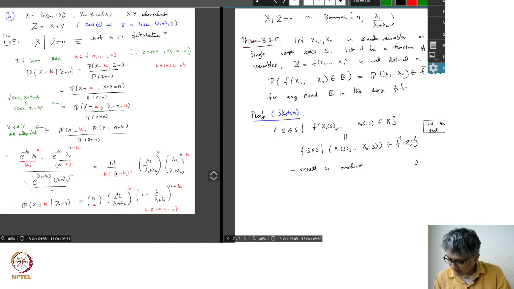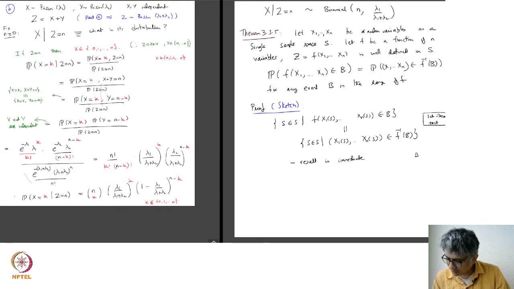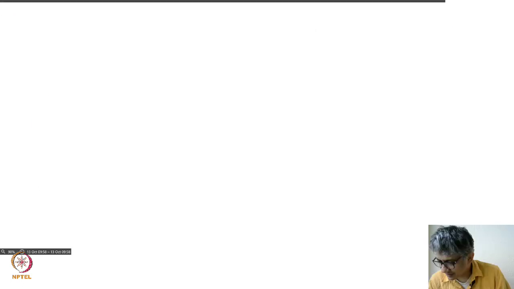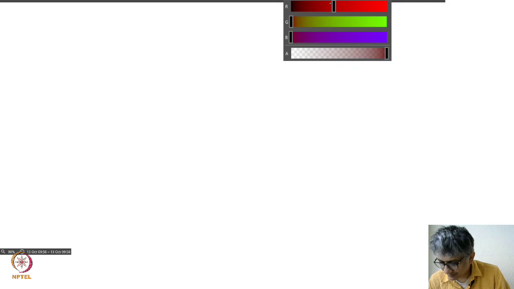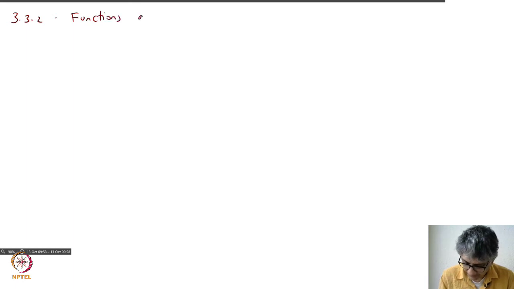Yeah, Shiva, can I just ask a small question? Shiva? What I want to do was remove split view. Split view is good. So I want to understand this idea of functions and independence. So 3.3.2 is functions and independence. Sure. Yeah, can you hear me?